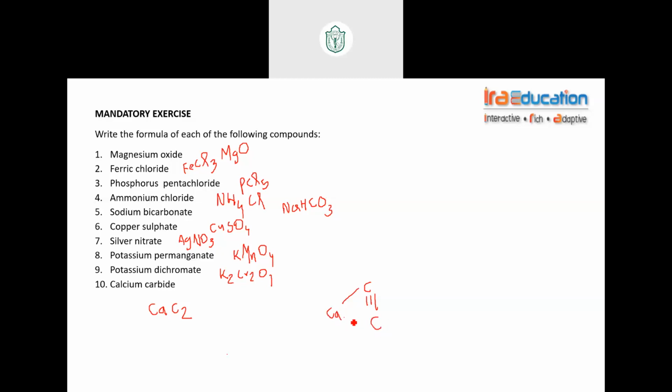This is the representation. You can look at the molecular representation, the bonding, of CaC2. This is how calcium and carbon are bonded with each other.